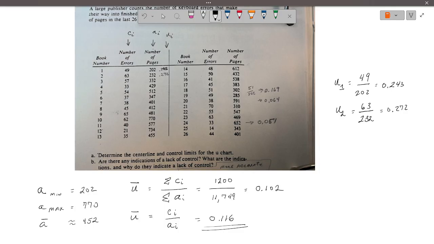Cool bit is if you're doing this by hand, I would tally all the errors, all the number of pages, and do it the way I did it up on top here and get 0.102. But if I have an Excel spreadsheet, it's easier to go individually and sum these all up and then take the average of all the U's that you get and come up with the error.